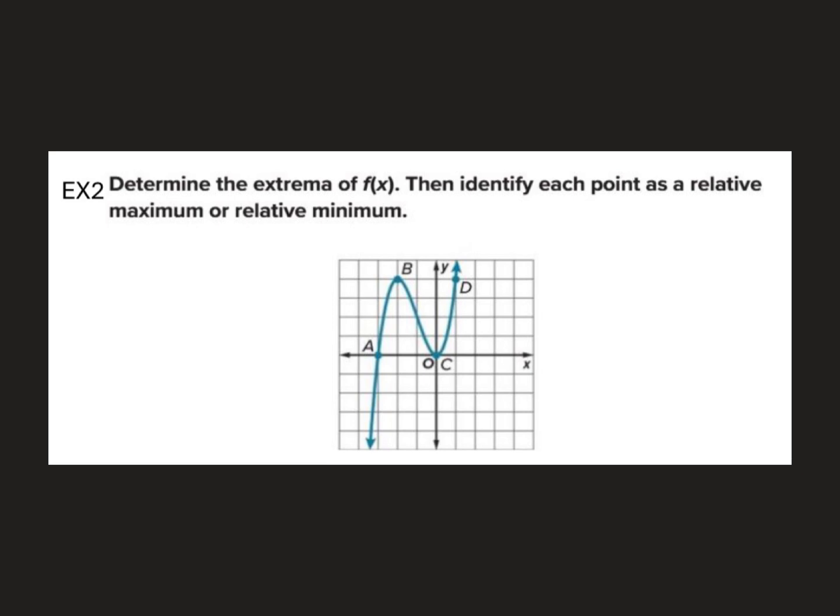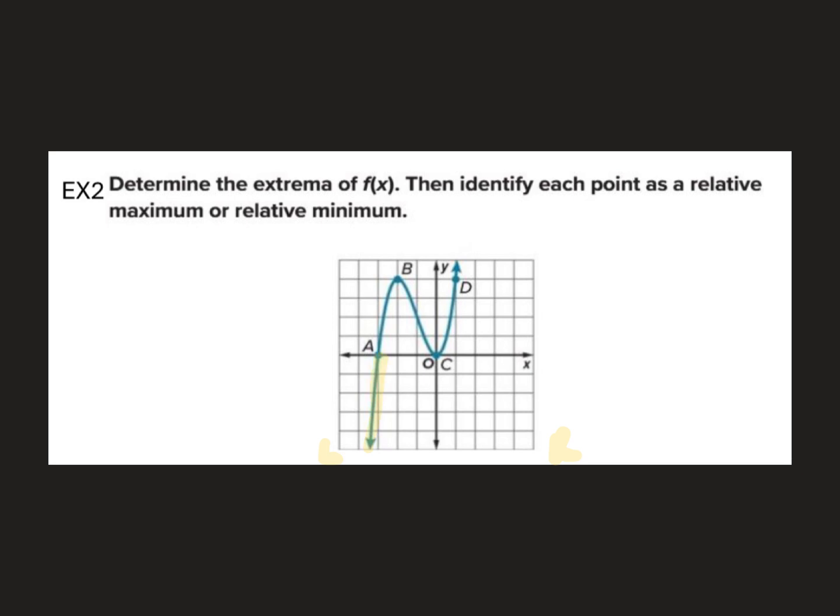Determine the extrema of f of x, then identify each point as a relative maximum or a relative minimum. As I look at this graph, I'm looking for high and low points. I'm reading this graph from left to right.